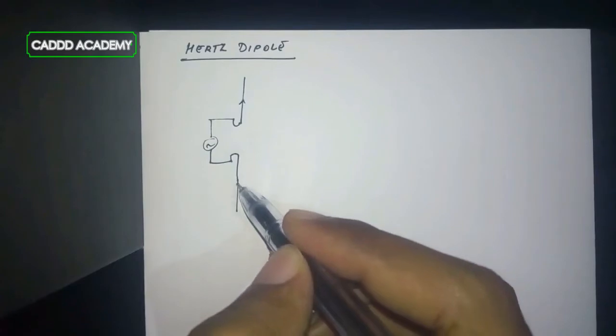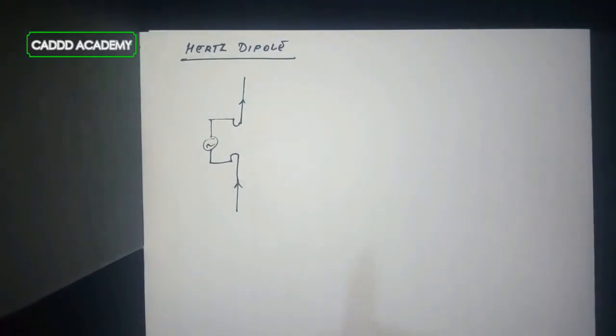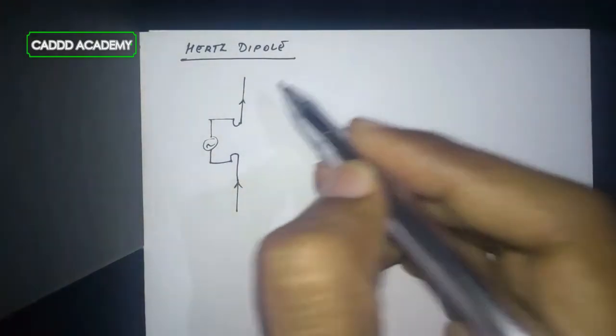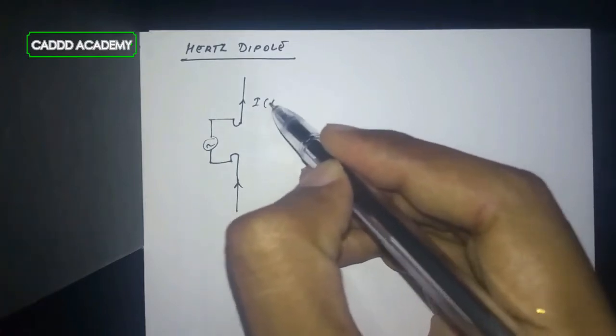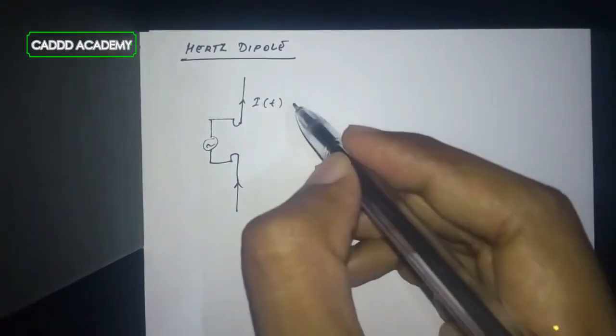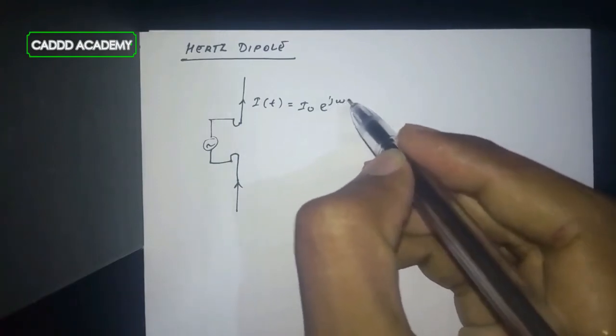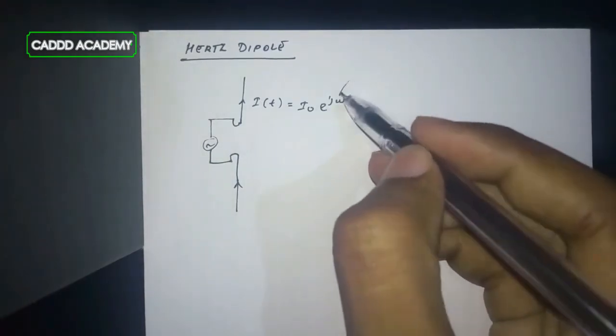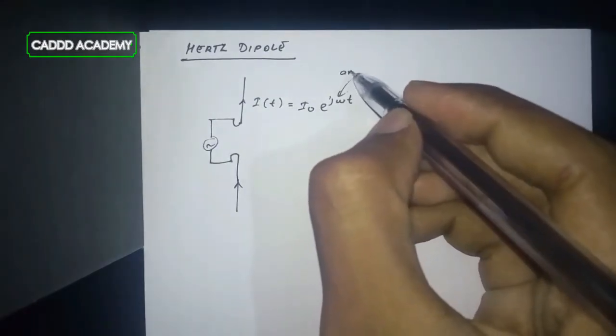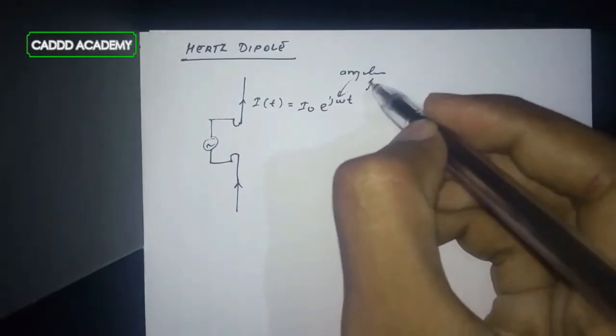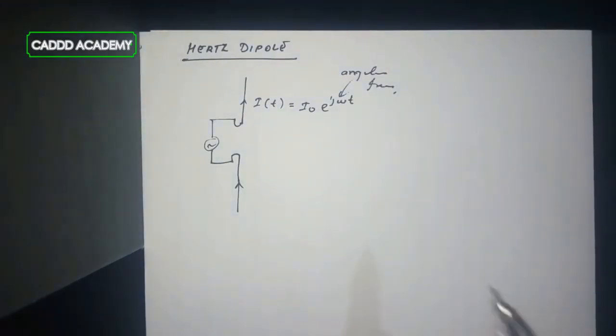This shows the direction of current, and the current flowing is I of t, which is I naught e to the power j omega t, where omega is the angular frequency.